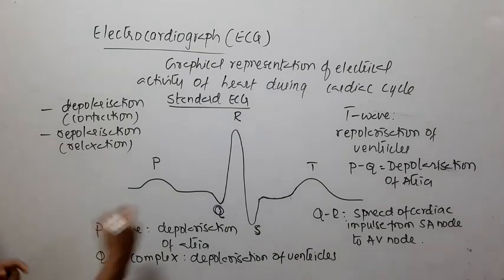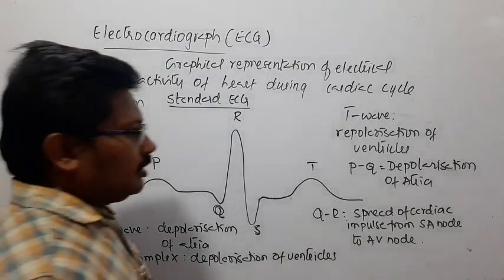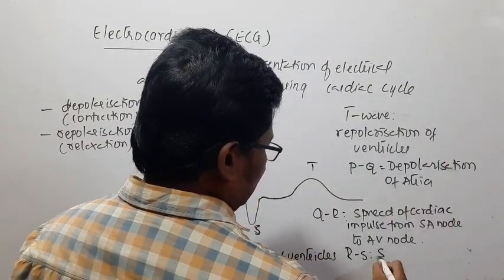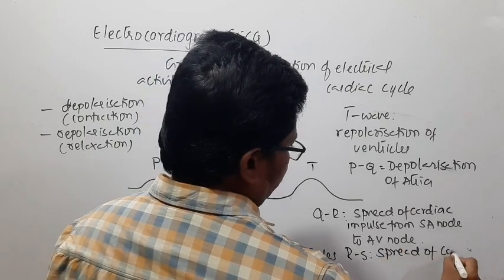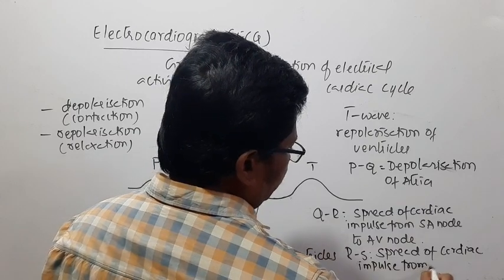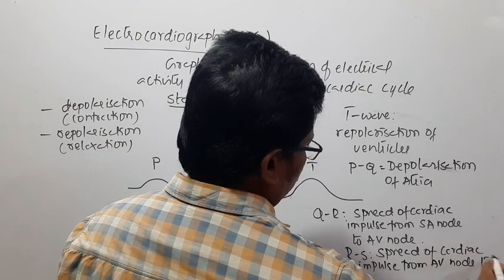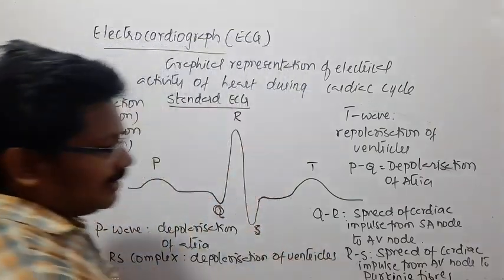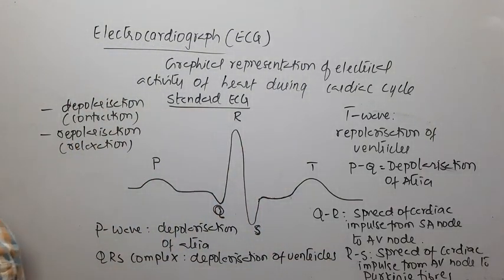The next one, from R to S. From R to S, it indicates the impulse being spread from AV node to Purkinje fibers. So that I'll mention. R to S indicates the spread of the cardiac impulse from AV node to Purkinje fibers, and that results in the contraction of ventricles.